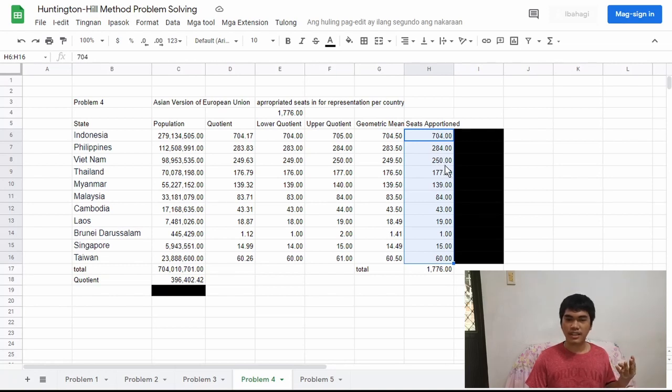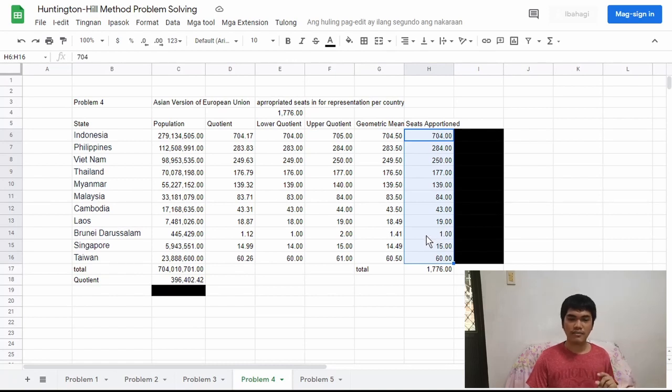Vietnam also got higher. Thailand got higher. Myanmar still the same, 139. Malaysia got higher, by 1 point. Cambodia still the same, 43. Laos got 19. It gained 1.